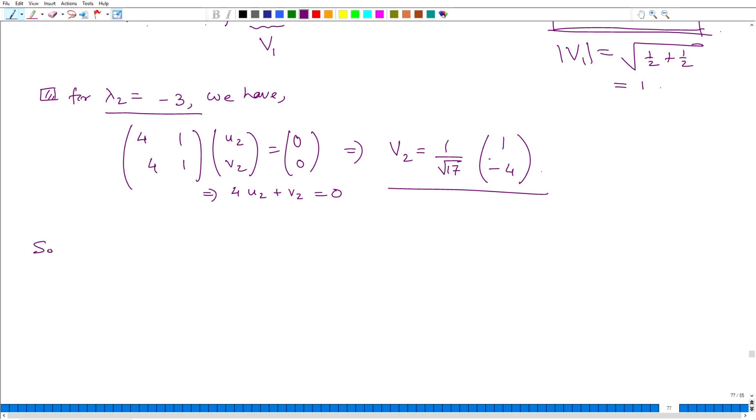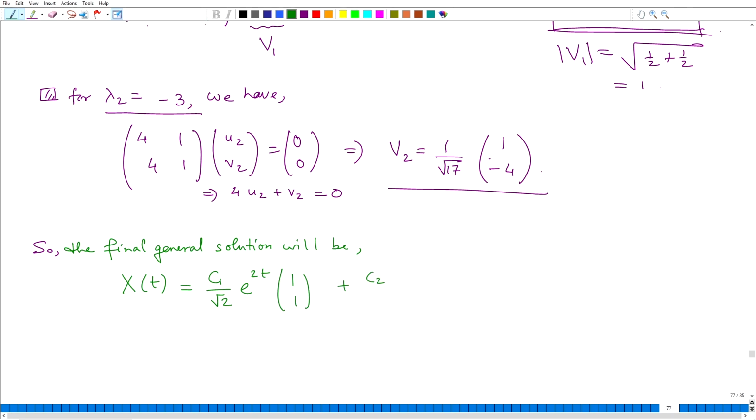So, the final general solution will be x(t) equal to C1 by root 2 e to the 2t [1 1] plus C2 by root 17 e to the minus 3t [1 -4]. Finally, this will still give you C1 and C2.